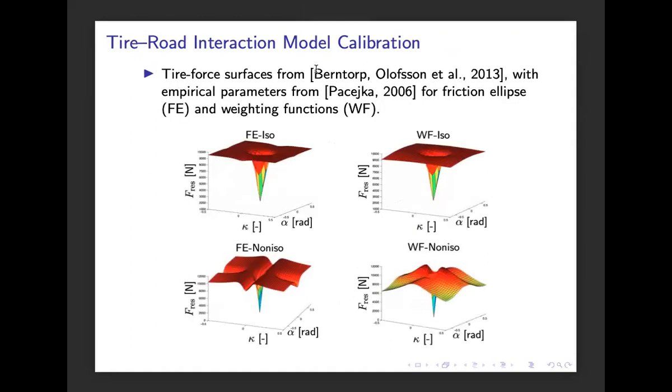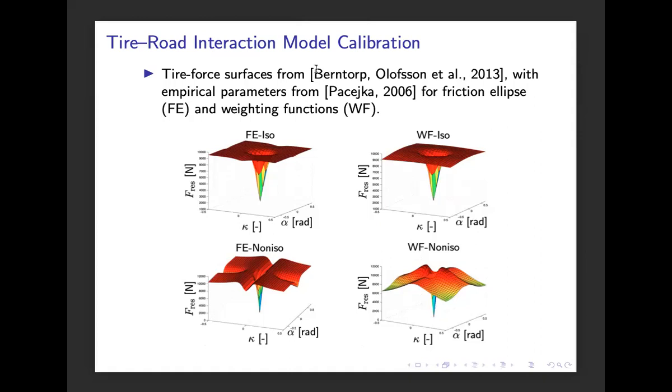But that is only for one type of tire in connection with a certain road surface. In a paper from 2013, we investigated different kinds of tires in relation to different kinds of roads. The characteristics here could be quite different depending on what kind of tire it is and how you parameterize your vehicle model.